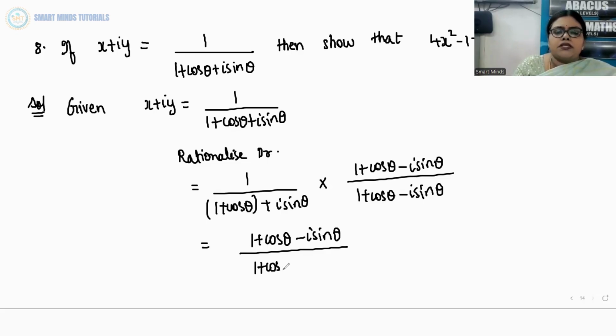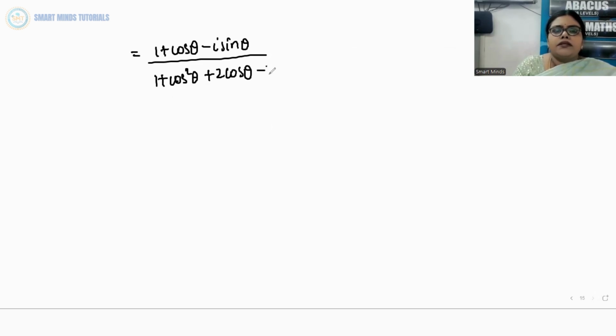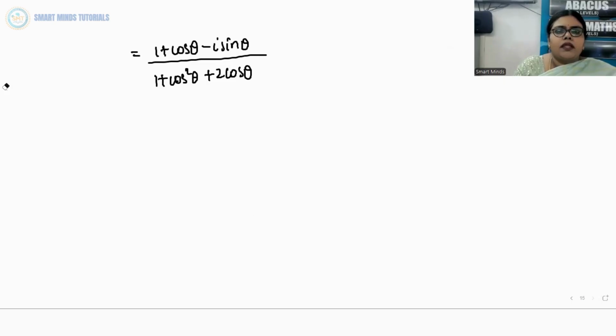So that is 1 plus cos theta whole square minus i square sin square theta. So that is 1 plus cos theta minus i sin theta by, if you expand 1 plus cos theta whole square, you will get 1 plus cos square theta plus 2 cos theta, minus i square sin square theta, that is plus sin square theta, because i square is minus 1.